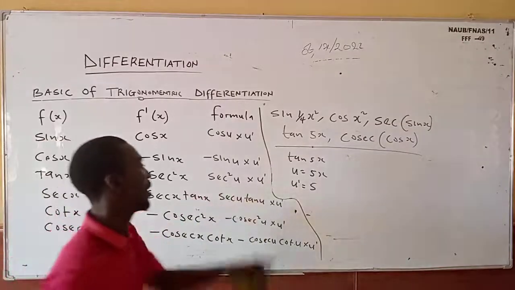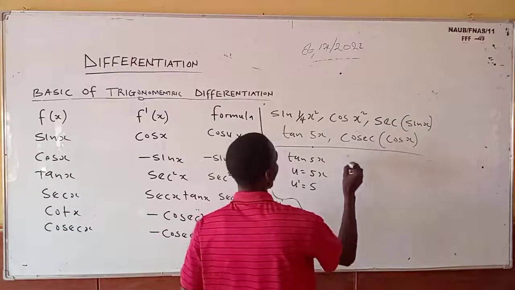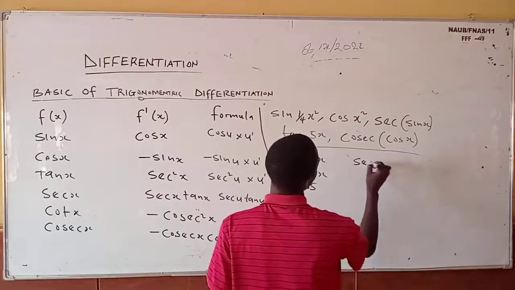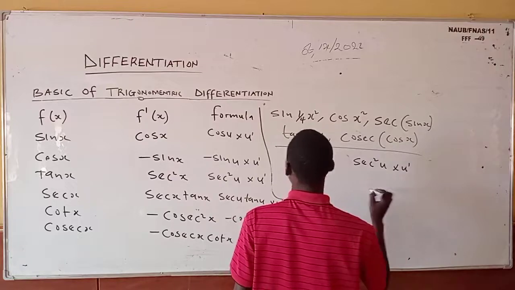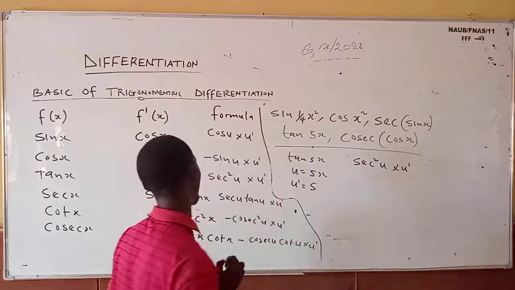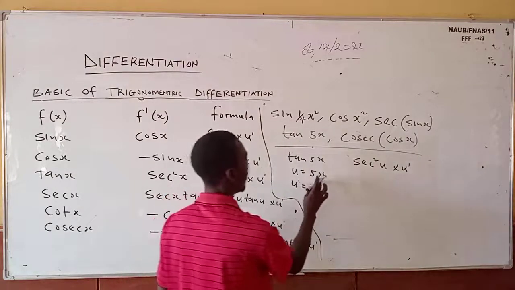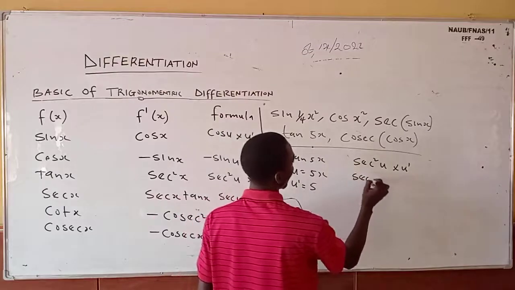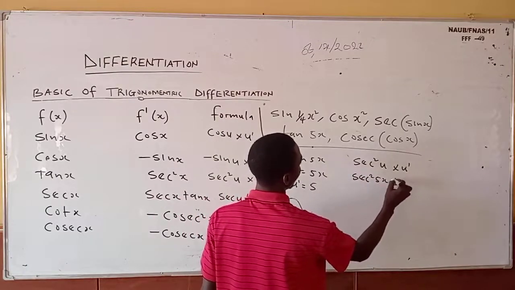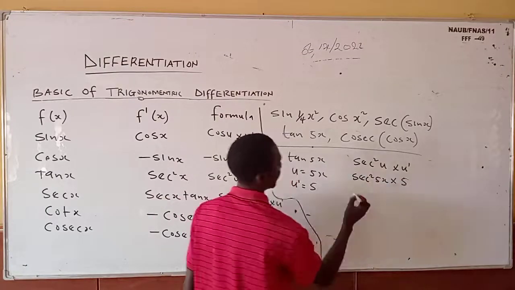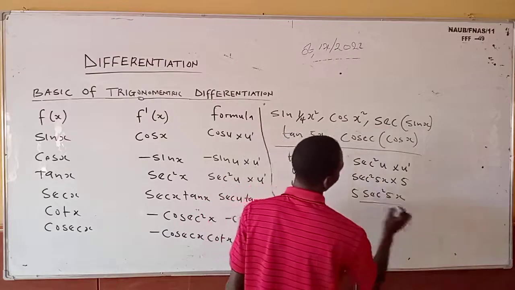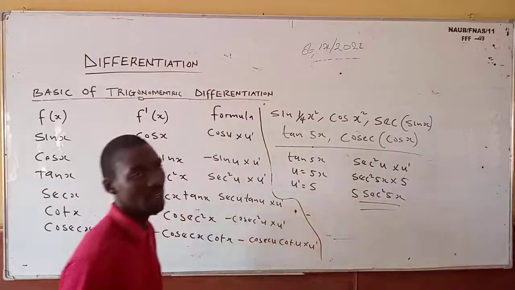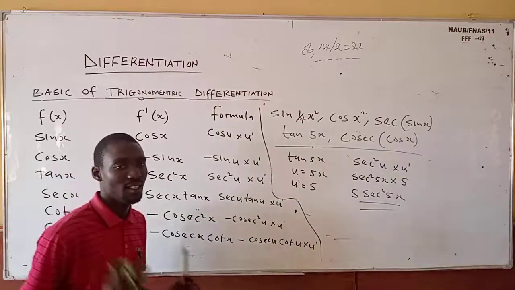So this is my formula: sec squared u times u prime. So this is my u here. I'm going to have sec squared 5s times 5. So my answer is 5 sec squared 5s. Yes, that is my answer. I hope you get this.